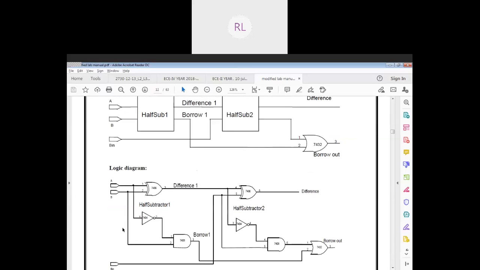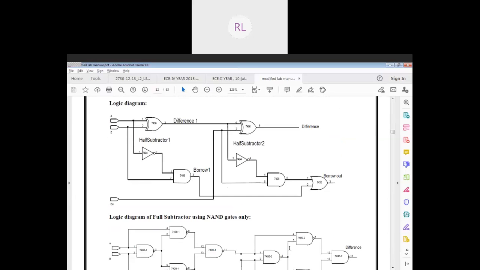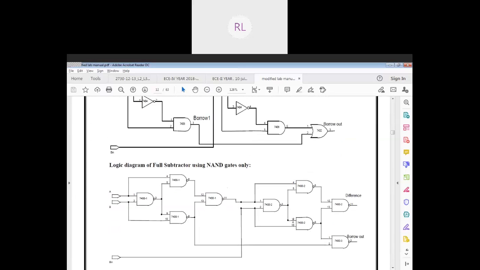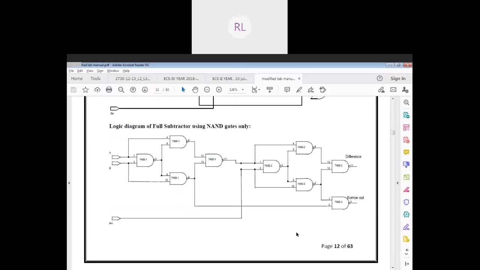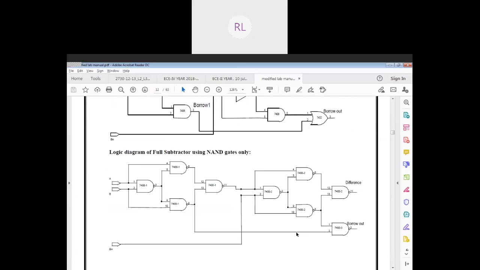Let's see one case, 0 minus 1. I have to borrow to subtract this, which is 1. 0 minus 1 with borrow 1, the difference is 1. Then 1 minus 1 gives me 0. So for 001, I get 01, that's my difference and borrow.